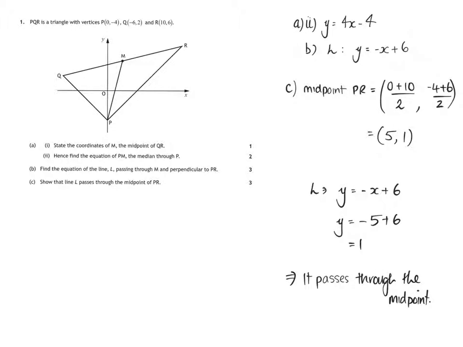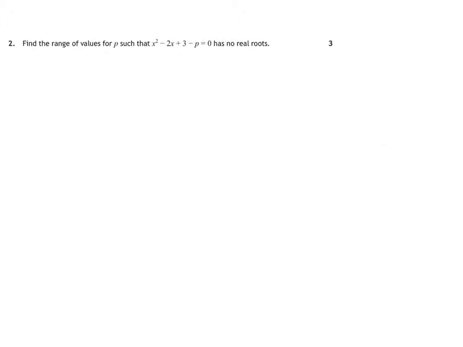Okay, great. Let's go on to question 2. Right, so question 2, we have to find the range of values for p such that x squared minus 2x plus 3 take away p has no real roots. Okay, so no real roots means b squared minus 4ac is less than 0.